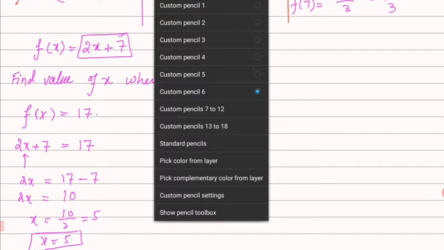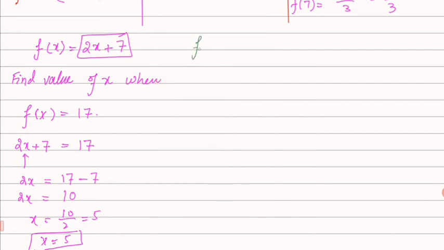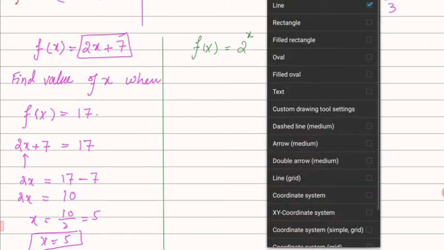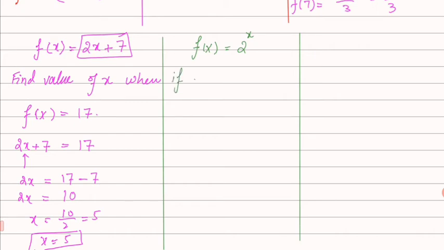Similarly, let's discuss another case, in which we have a function of the form 2 raised to the power x, and they want us to find the value of x if f of x is equal to 32. So in the solution you would say f of x is 2 raised to the power x, that is equal to 32.